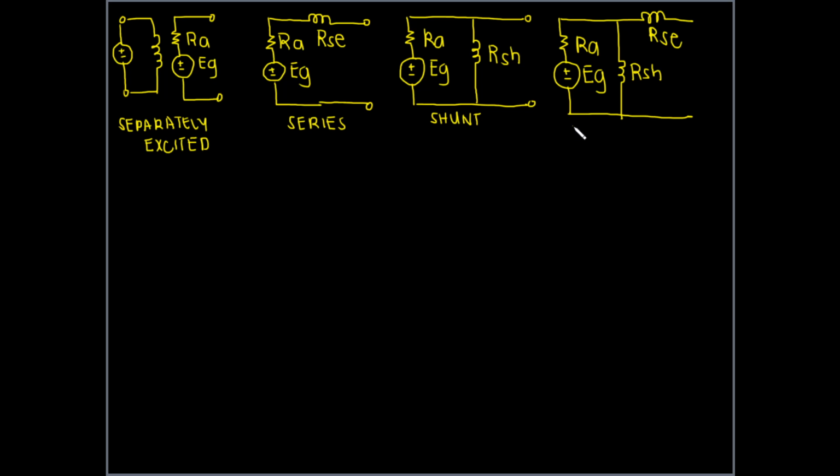This is your short shunt compound generator, and the last type, of course, is your long shunt. The only difference is the location now of your series field. For the long shunt, the series field is located here.